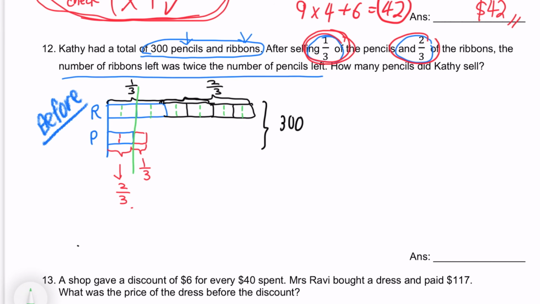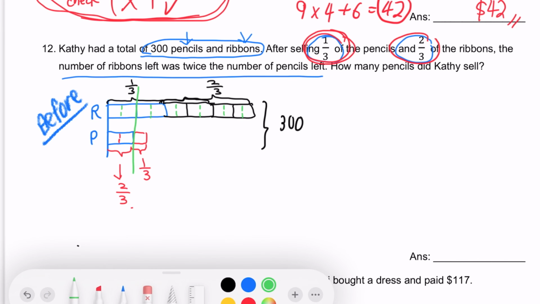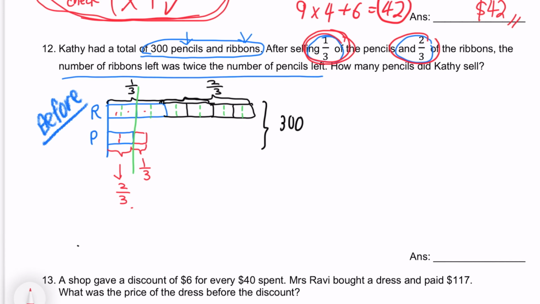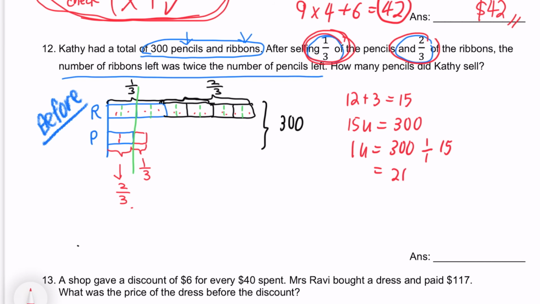So total units, how many would there be? Let's count. 1, 2, 3, 4, 5, 6, 7, 8, 9, 10, 11, 12. 12 plus 3 equals 15 units. So 15 units is equal to 300. 1 unit would be equal to 300 divided by 15, giving me 20.